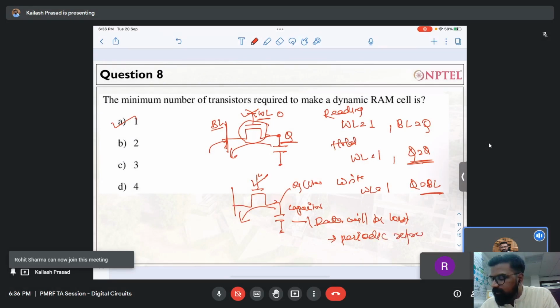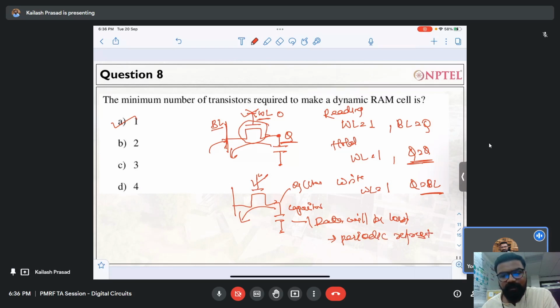There was one question, right? In that it was written that SRAM requires periodic refresh, and that was a false option. However, in DRAM, periodic refresh is required, because the data will be lost. So that is one point. And the second point is this transistor doesn't act as an ideal switch. What does it mean?